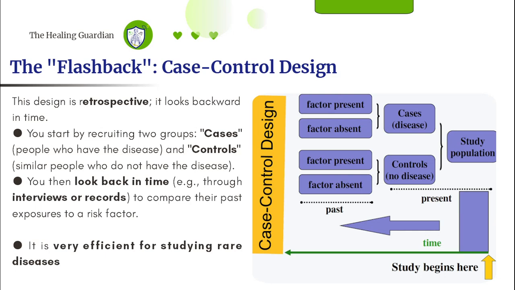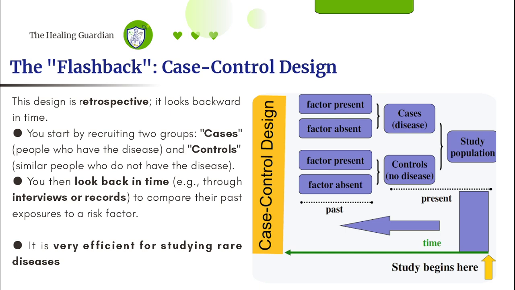Then the flashback, which is the case control design. This design is retrospective, it looks backward in time. You start by recruiting two groups, the cases and the controls. So if you're investigating a certain rare cancer, you get 50 children who have that cancer and 50 children without the cancer. You start with cases and controls.